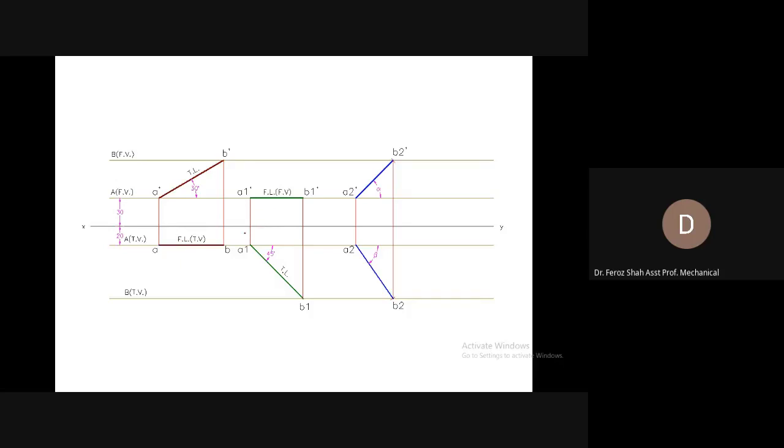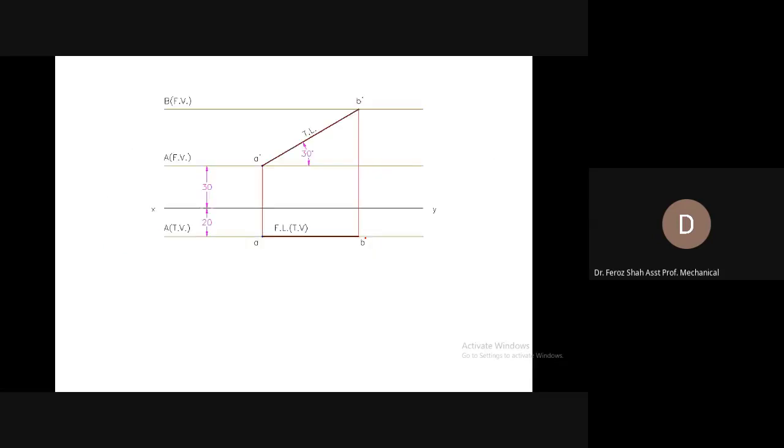In the second step, we had assumed the line to be inclined to the vertical plane only and parallel to the horizontal. But the line was actually inclined to both the planes. So this is the final projection that was required.